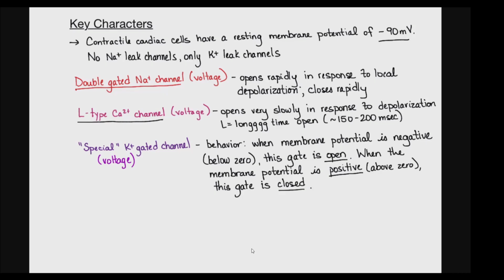Since the voltage determines the position of the gate, this is clearly a voltage-sensitive channel as well. All right, let's see this in action.